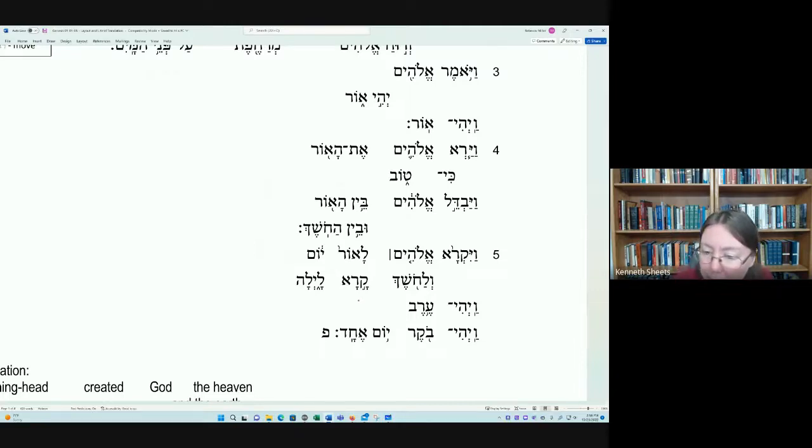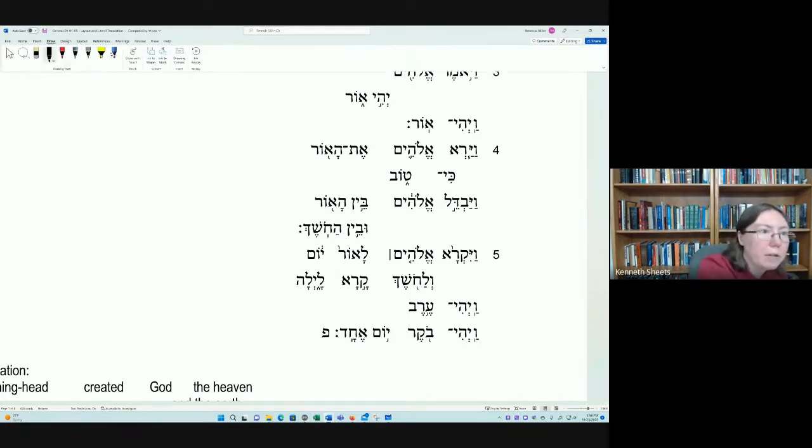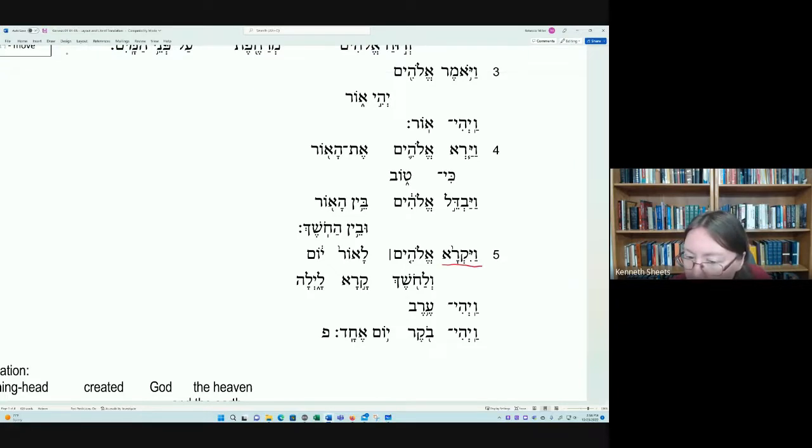This is one of those imperfect verbs. And it has the yod on the front of it, indicating that it is third masculine. No U class vowel at the end, so this is third masculine singular.